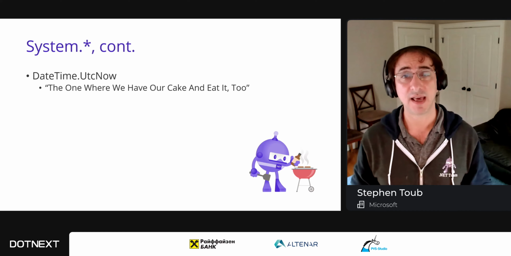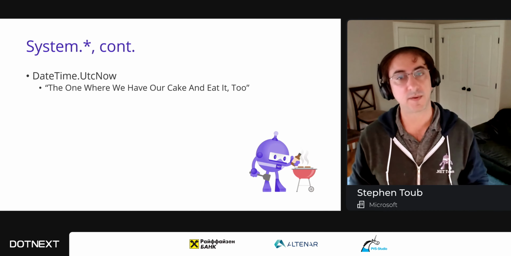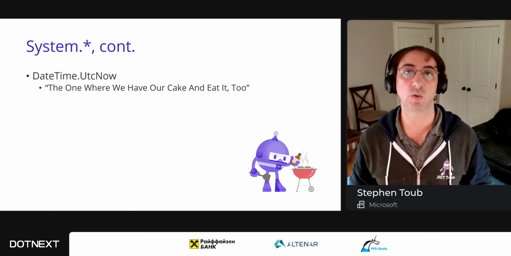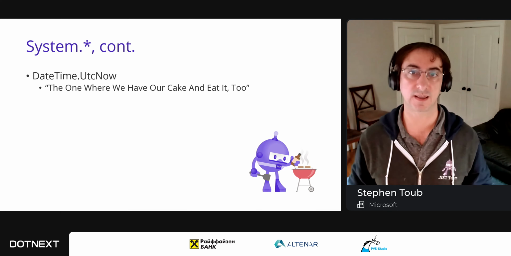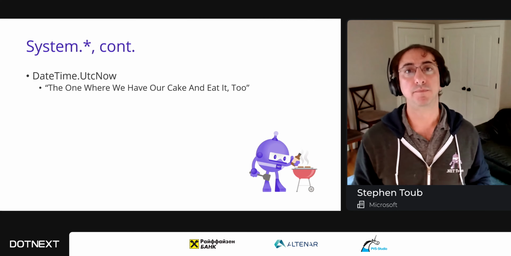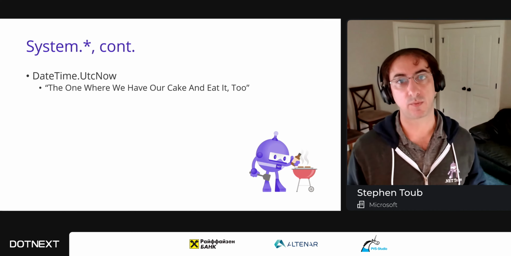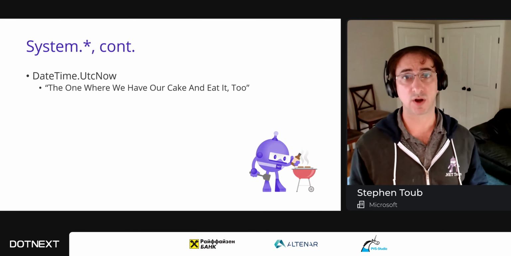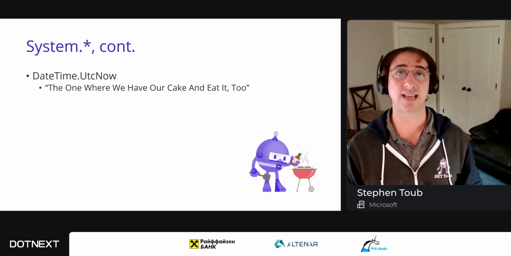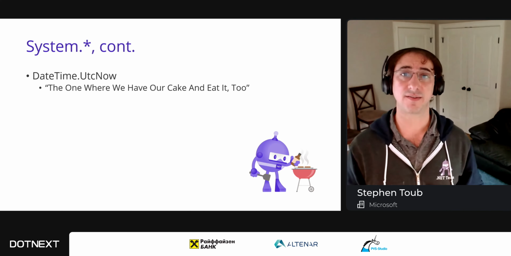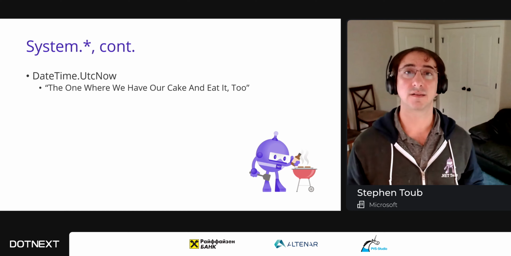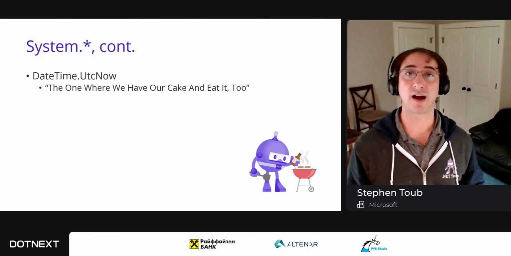datetime.utcnow and datetime.now. We had been working on driving down the cost of datetime UTC-now because it is used in hot loops for timing measurements and things like that. But along came a feature that we felt we had to add, and that was leap seconds. For those of you who don't know, like I didn't know back then, there's actually the concept of leap seconds that derives from, as I understand it, the fact that our Earth rotates at a non-constant speed.